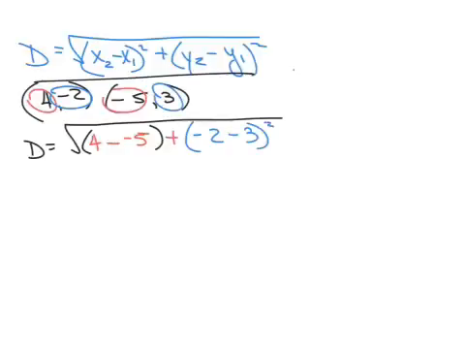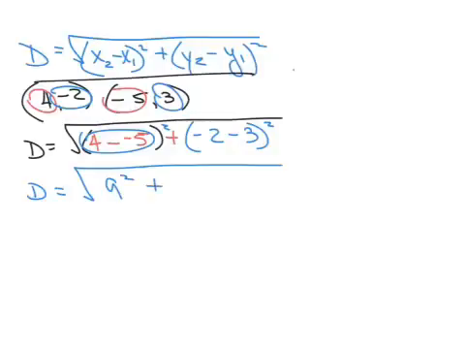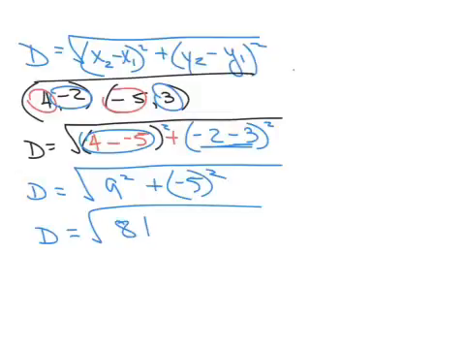And I've got to square both of these. So d equals the square root of 4 plus 5 is 9, negative 2 minus 3 is negative 5, and we square that. So d equals the square root of 81 plus 25.